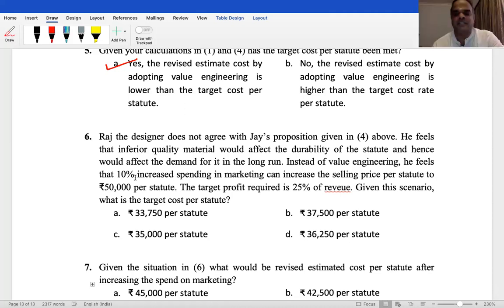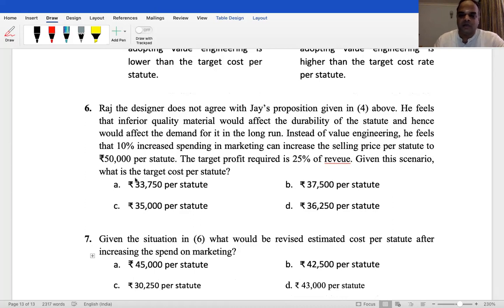Selling price minus profit itself, you can get the target cost. Am I right? How come 37,500? 50,000 into 75% is equal to? Very good. Is it right? Yes, 37,500.